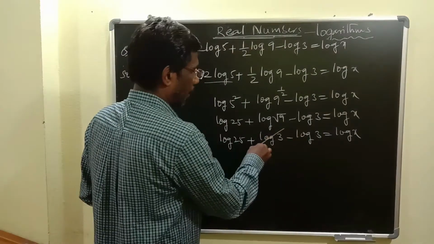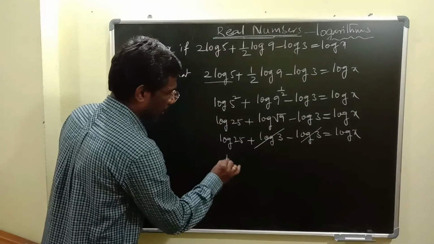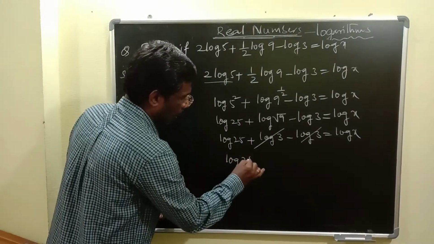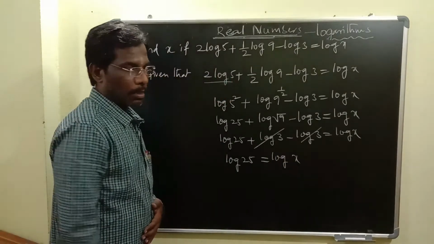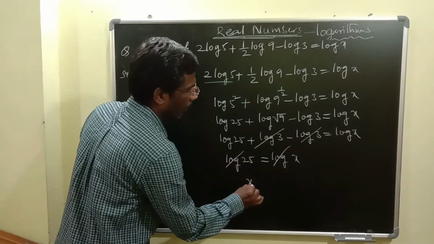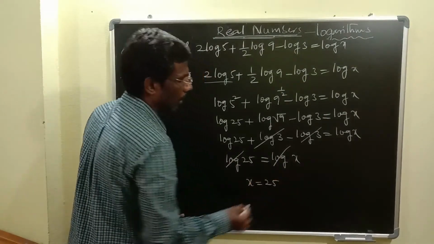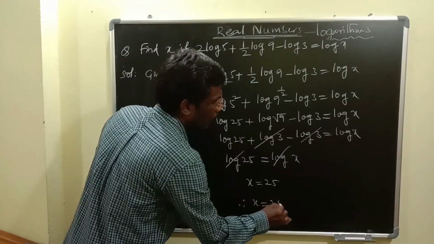The plus log 3 and minus log 3 get cancelled. What remains is log 25 is equal to log x. If we cancel log on both sides, what remains? x is equal to 25. Therefore, x is what? 25.